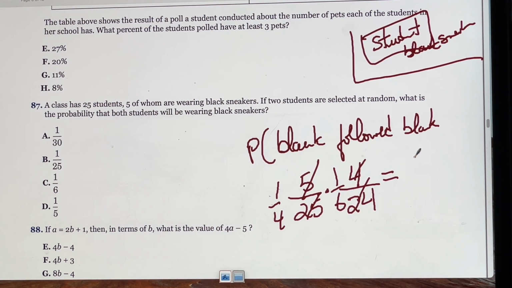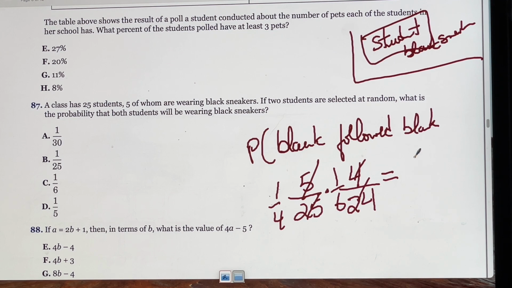Oops. What is wrong here? One over 30. Hang on a second.